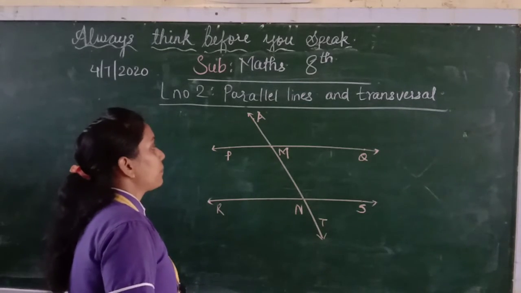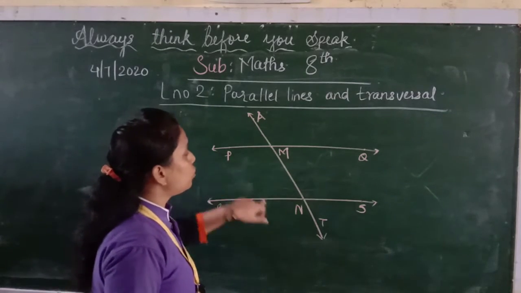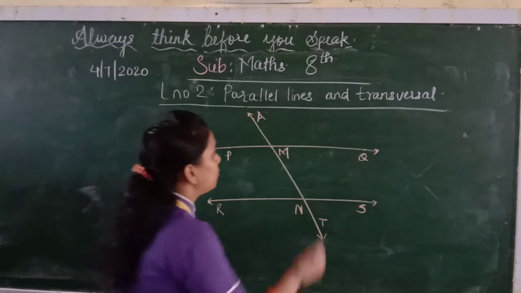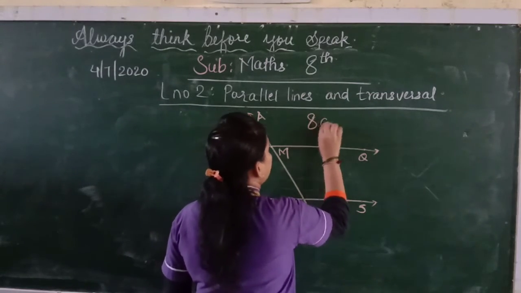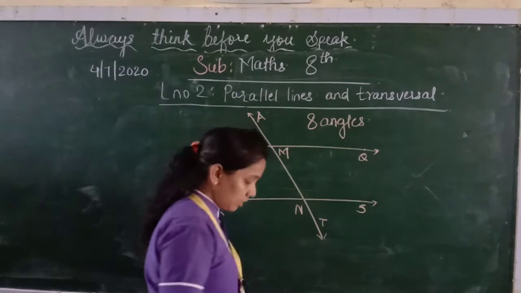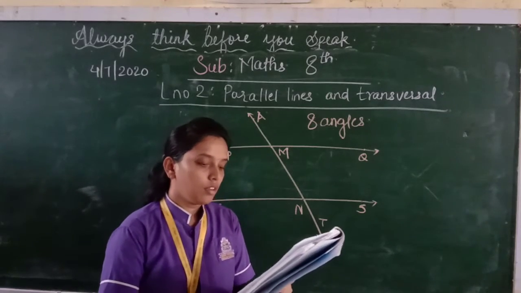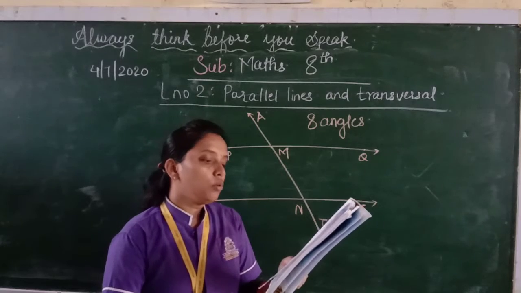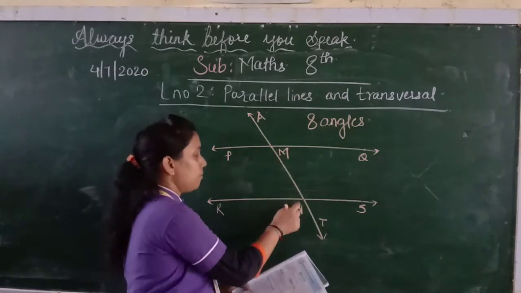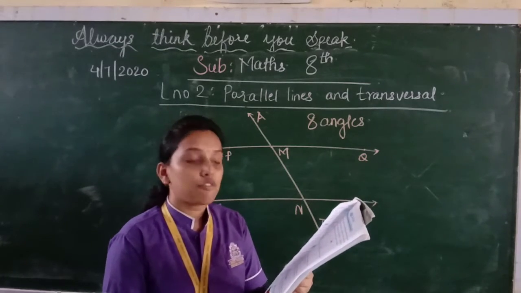Now when a transversal intersects two parallel lines, at that time they form 8 angles. See, on page 7, due to the transversal there are two distinct points of intersection, namely M and N. At each of these points 4 angles are formed.